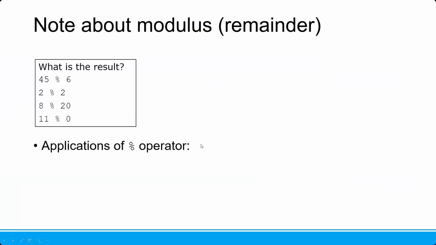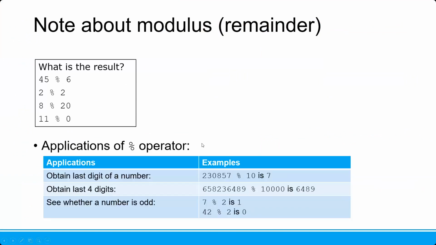This kind of remainder, actually, has so many applications. For example, if I want to get the last digit of a number, say I have a big number, 20230857. I want to get only the last digit.